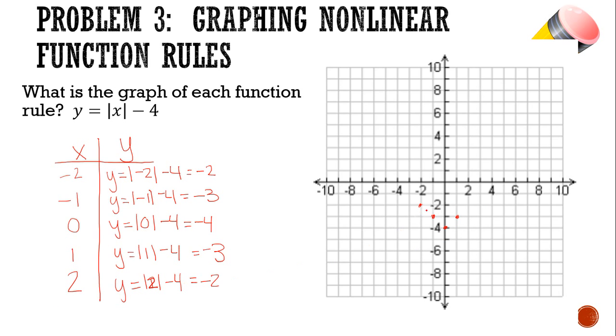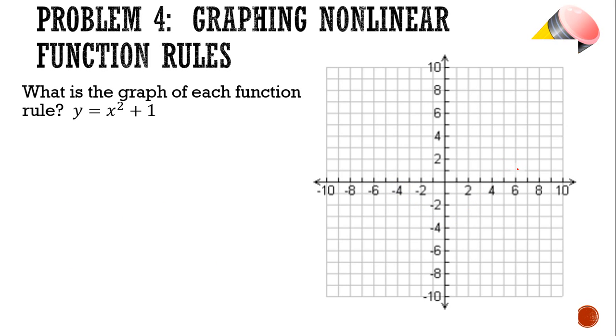And 2, negative 2. Then if I connect my dots here, looks like this graph is nonlinear, just like we were asking, and it looks like it shapes a V, which is pretty cool.